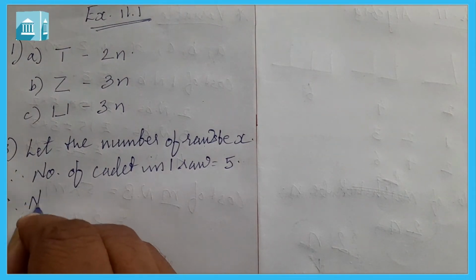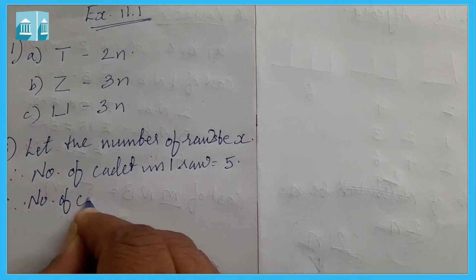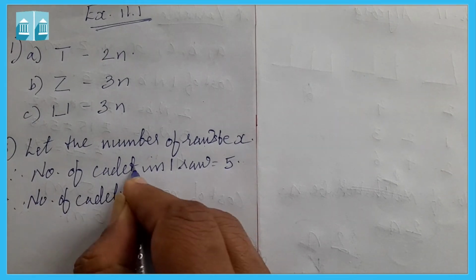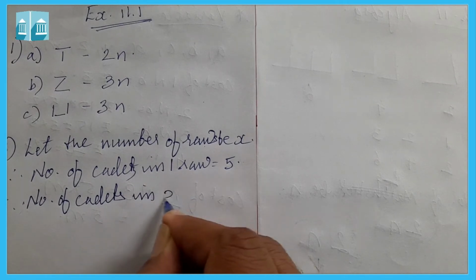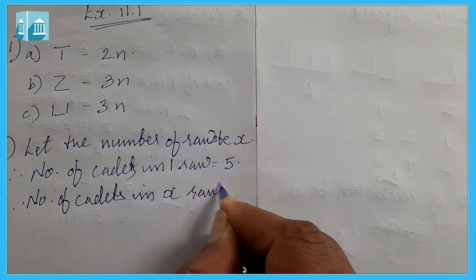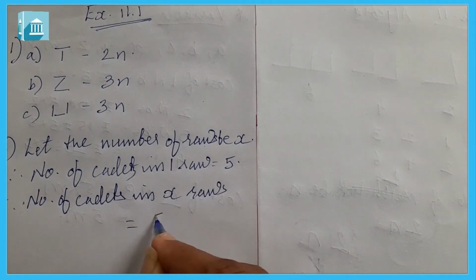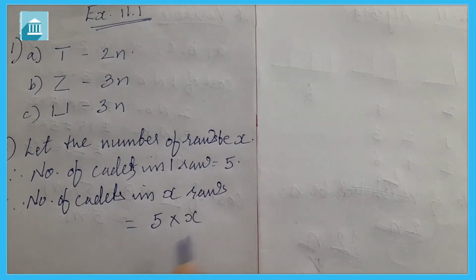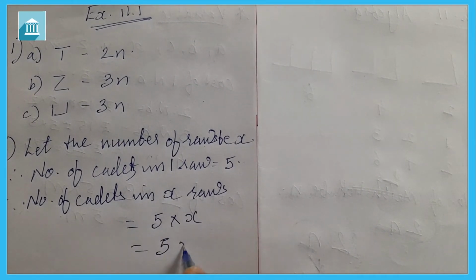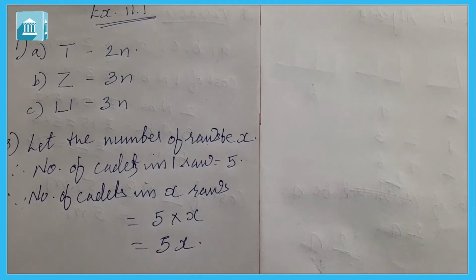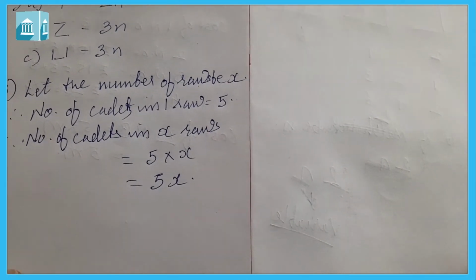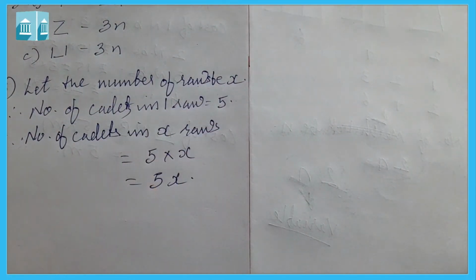Therefore the number of cadets in x rows is equal to 5 into x, which is equal to 5x. The number of cadets in the given rows is 5x. Here you can assume the unknown number as a variable. Again I am repeating, a variable can take any value, and a variable is our unknown number.